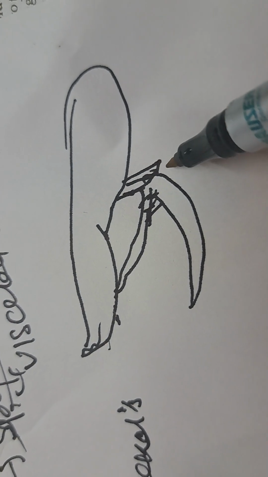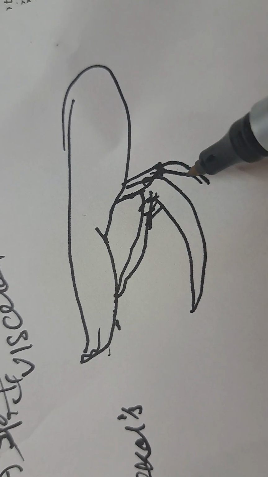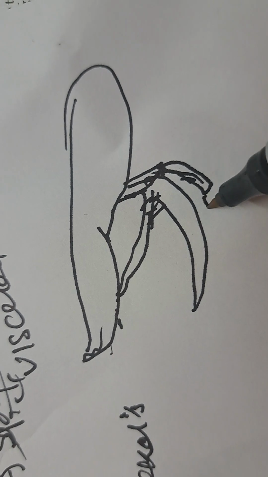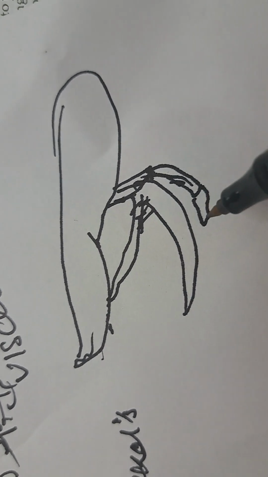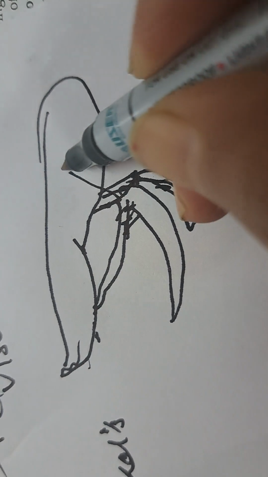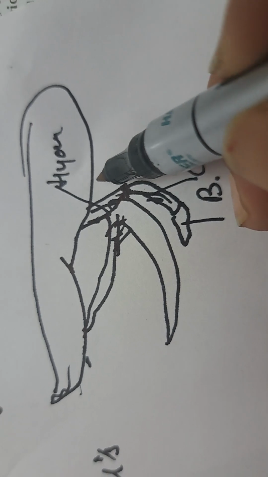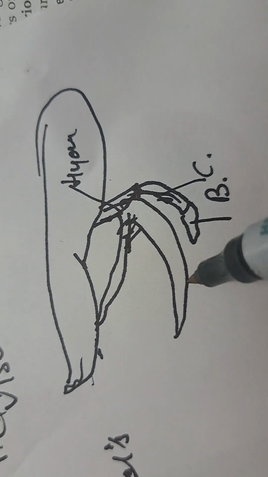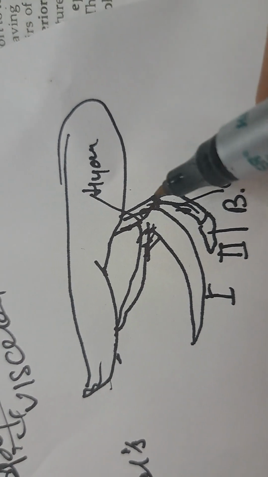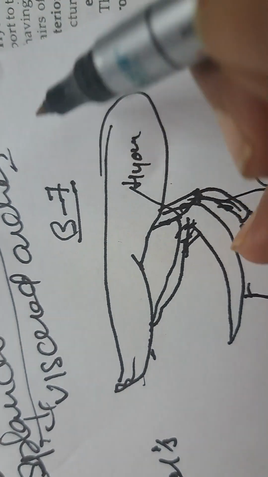One is the hyomandibular cartilage, lateral side is the ceratohyal, and the one present on the basal part is the basihyal. Behind that, these are two arches: this is the first arch, this is the hyoid arch, the second arch, and then from 3 to 7 they are the branchial arches.